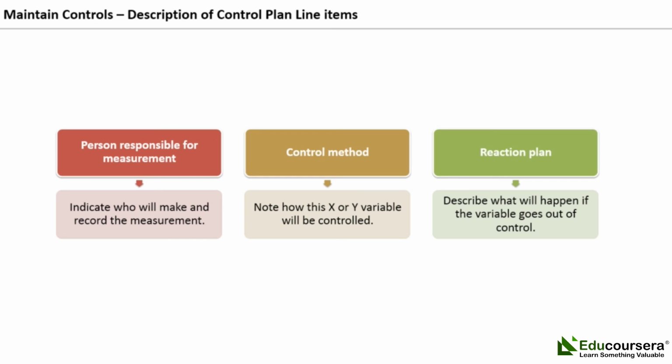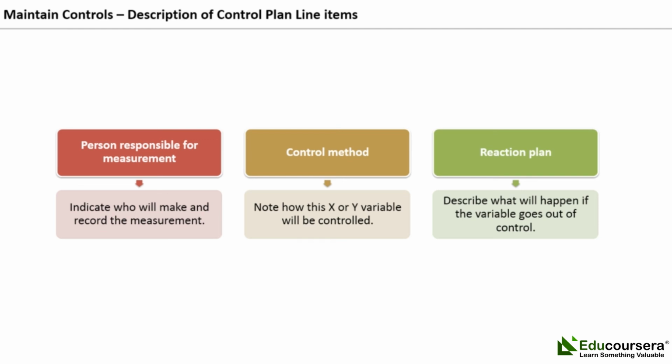Control plan construction is often led by the black belt in charge of the Six Sigma project. The team is usually cross-functional with individuals from different areas, including the process owner. The team will ensure that the control plan contains the critical variables, the X's and the Y's, of the product or process.